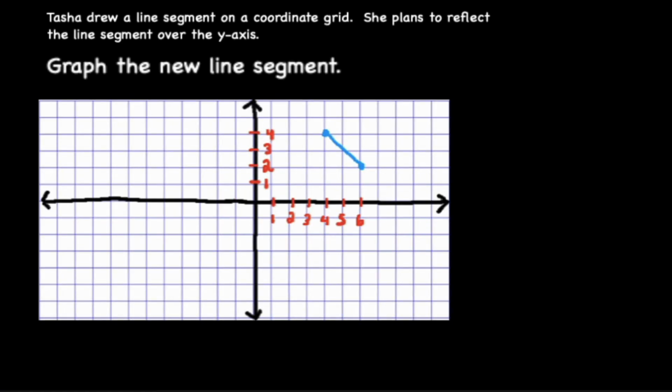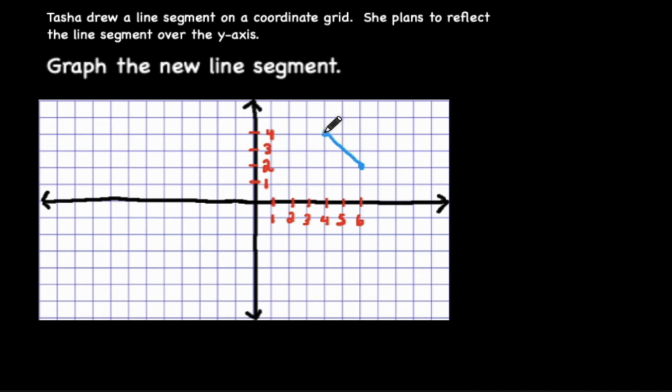Here we have a line segment on a coordinate grid, and it says Tasha drew a line segment on a coordinate grid. She plans to reflect the line segment over the y-axis. Graph the new line segment. So I'm just going to take a look at the y-axis, which is here, and taking a look at this line segment, I'm going to focus on this dot right here.